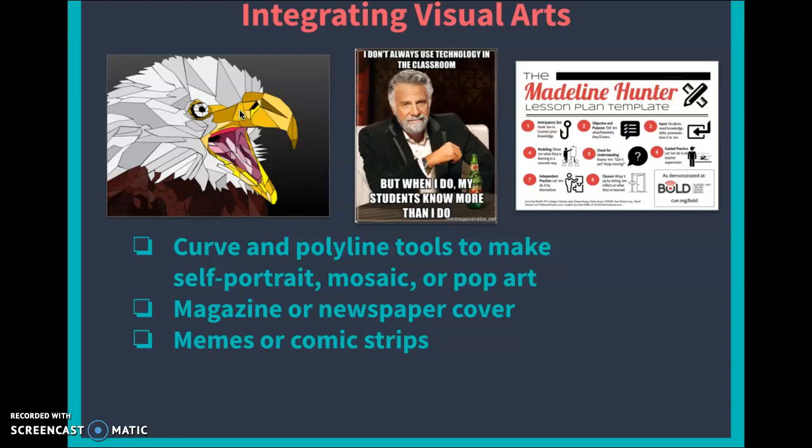So maybe you're studying the 1960s in social studies class, and you can have them make some sort of pop art like an Andy Warhol replica, for instance. Looking at magazines, newspapers, covers, students can make those. They can make memes, comic strips. All these are available within Google Drawings. Infographics like you see here on the right-hand side. Again, it's things that can cross over between content areas and age levels.